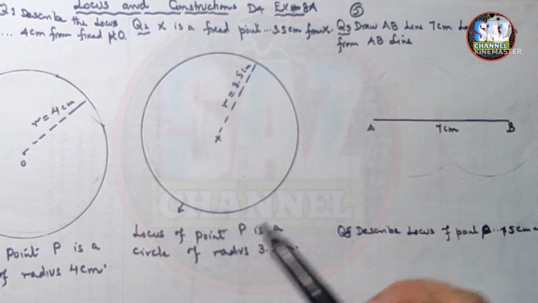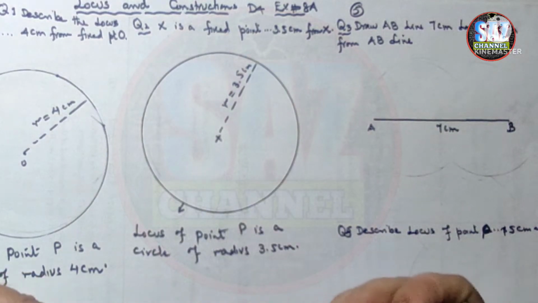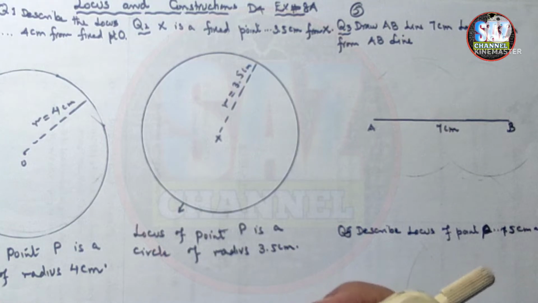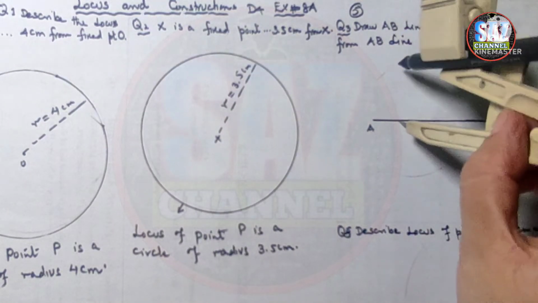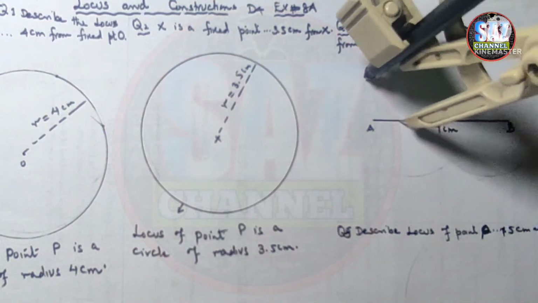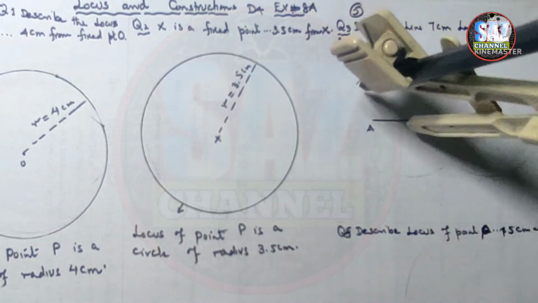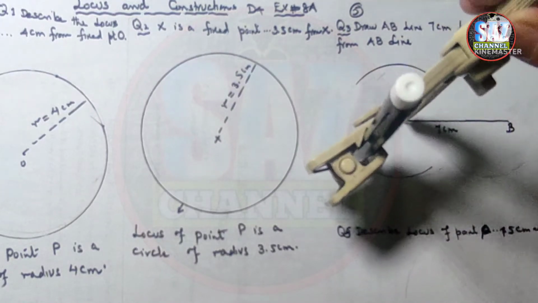For that purpose, I have to open the arm of the compass to a radius of 3 centimeter. Let me open it properly. Yes, and now I have to draw 2 semicircular arcs on both sides of the line, one above, one below. This will help me in maintaining the distance of 3 centimeter.